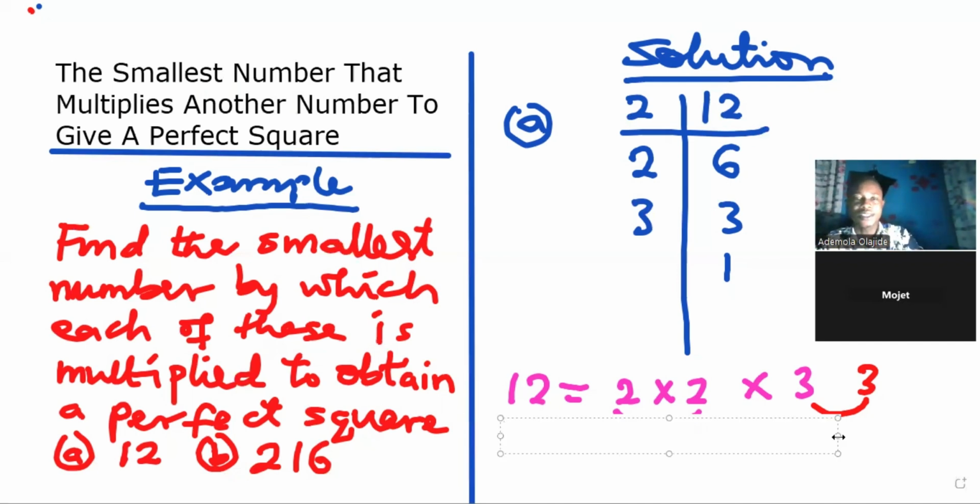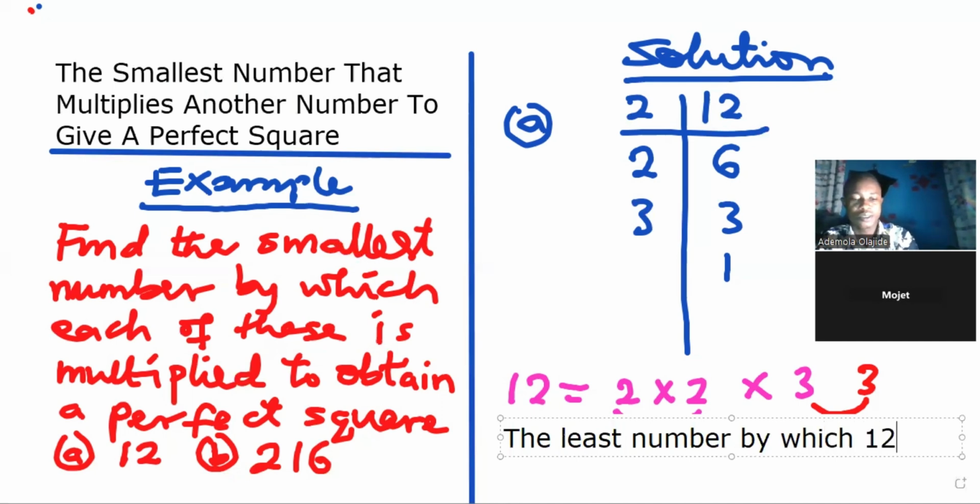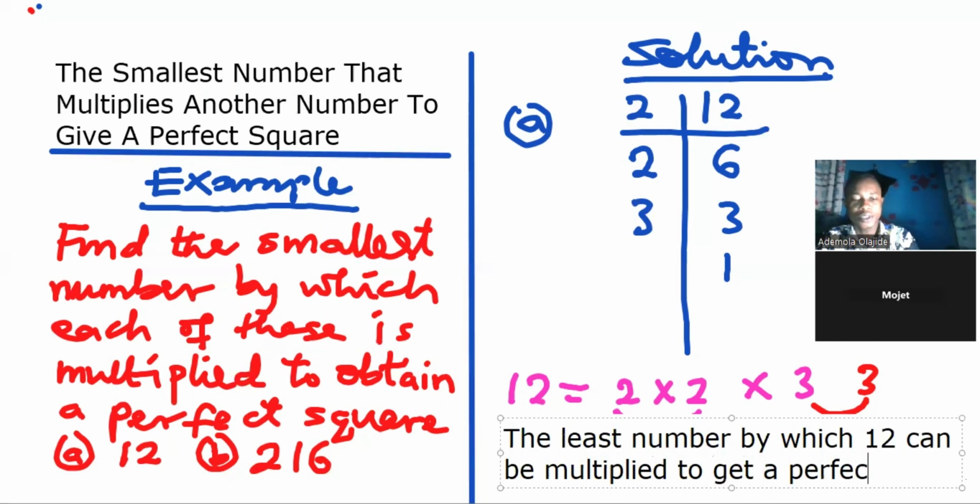We can now conclude that the least number by which 12 can be multiplied to get a perfect square is 3.